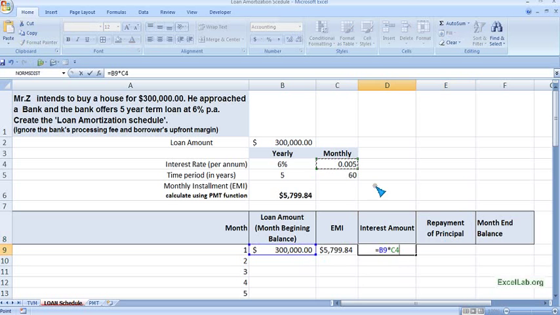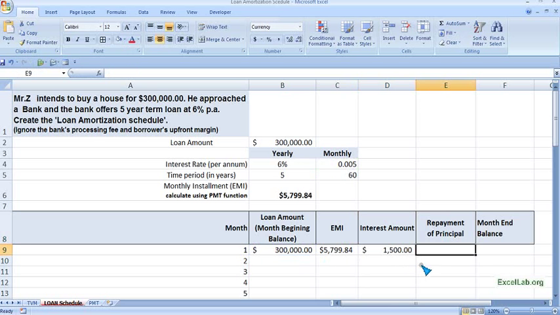Remember, this C4 we always want the same value, that is 0.005. So make it absolute by pressing F4. Now we have the dollar sign, so we always multiply with 0.005.